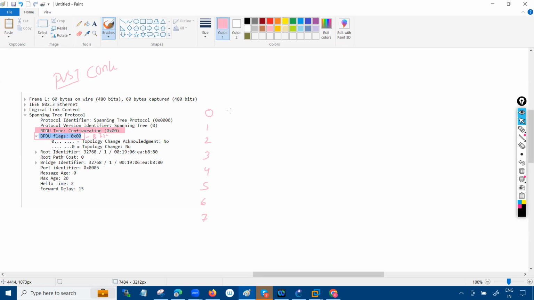Bit 0 represents topology change, the TC bit, and bit 7 represents topology change acknowledgement. So only these 2 bits are used, and the remaining all are 0, which means all 6 bits are reserved. We are not utilizing these bits in the PVST protocol. There is no use case for these bits in PVST.